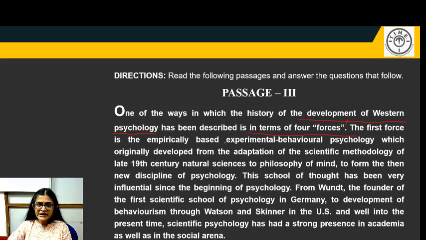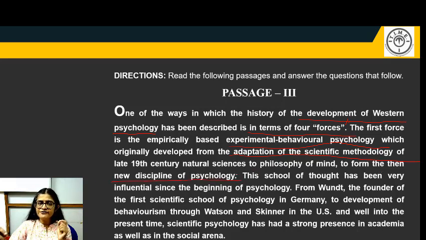Is the empirically based. Empirically means based on evidence and data, facts. Experimental behavioral psychology, which originally developed from the adaptation of the scientific methodology of late 19th century natural sciences to philosophy of mind to form the then new discipline of psychology.